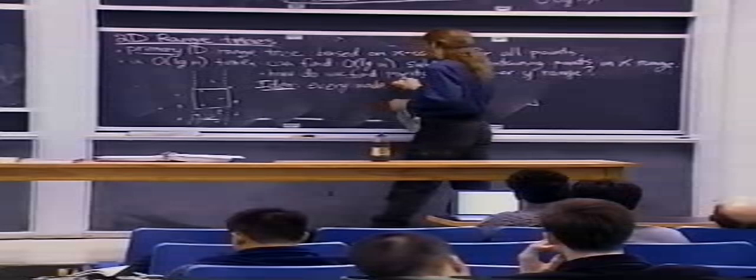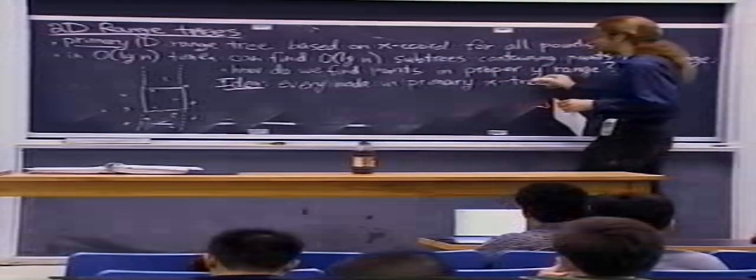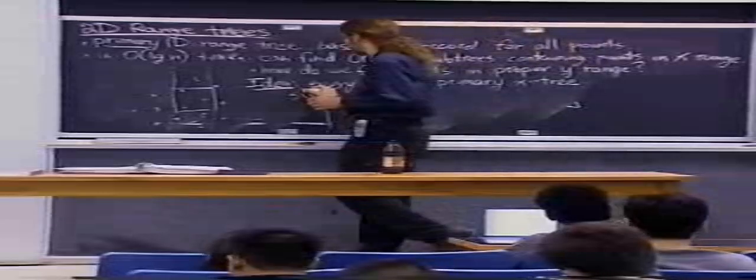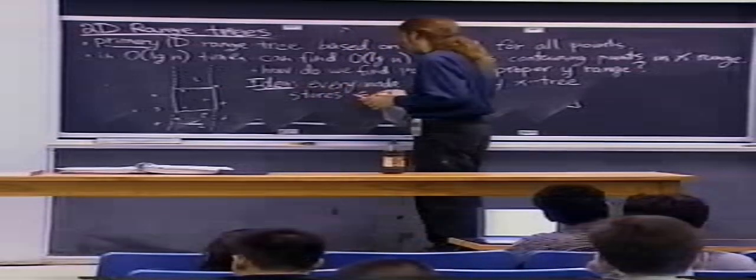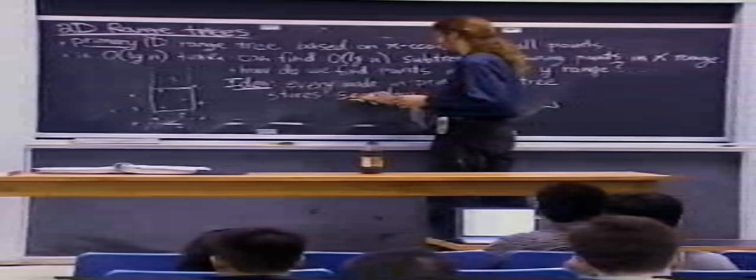Okay, so the idea is every node in the primary tree, so in the range tree that searches in terms of x, also stores another range tree. So that means I'm going to have a lot of range trees lying around.